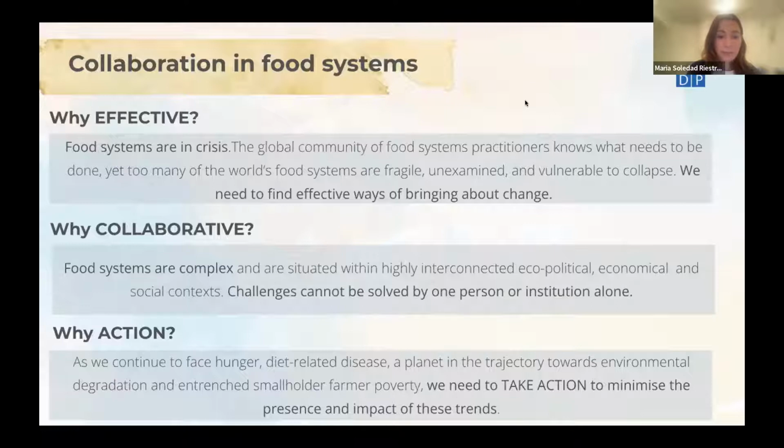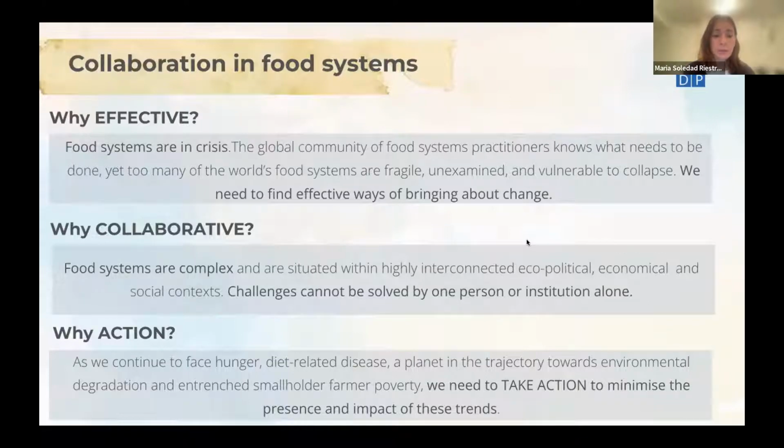So before passing the mic to them, I wanted to share a bit of context as to why this masterclass is being offered. As part of the efforts to build capacity on deep collaboration, we at GCP and FACS have been launching the Guide to Effective Collaborative Action, which was built upon 10 years of experience supporting multi-stakeholder collaboration and systems change within national commodity platforms at a global level.